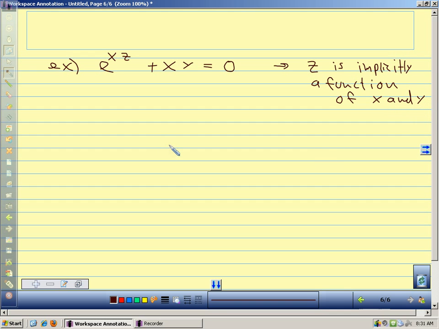We want to differentiate implicitly to find the first partials of z. So we want to find dz dx and dz dy.